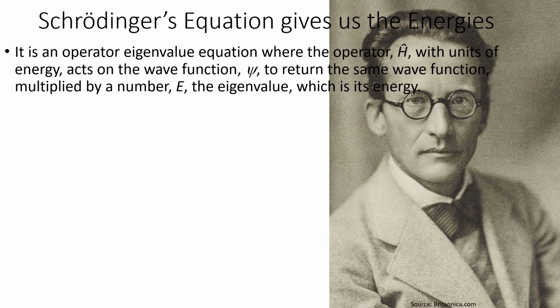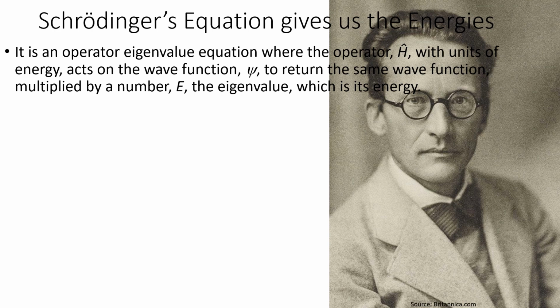This operator, with units of energy, acts upon a wave function. So we've got an operator acting on a function to return a different function. But in this case, it actually returns the same wave function psi, except multiplied by a number. This number is known as the eigenvalue E, and that E is the energy associated with that wave function.